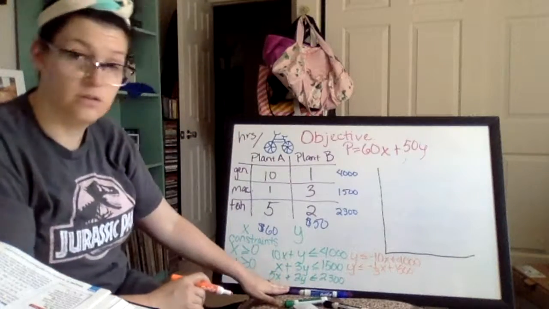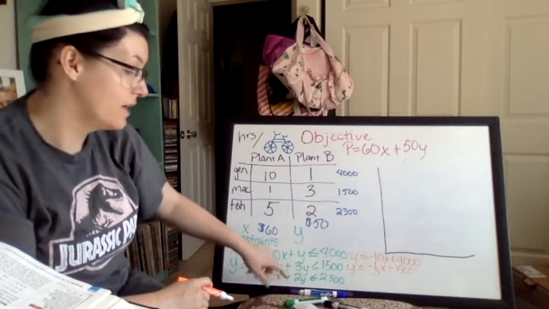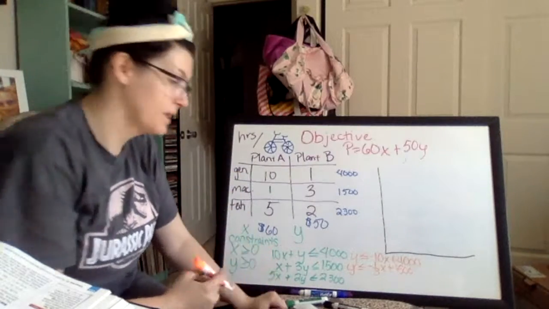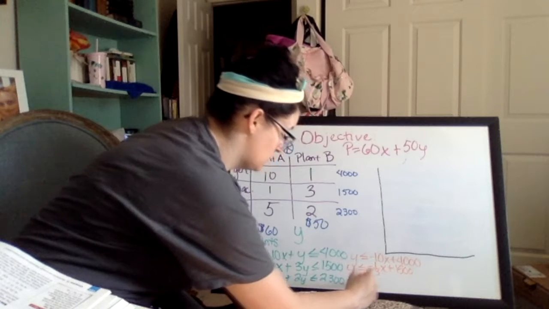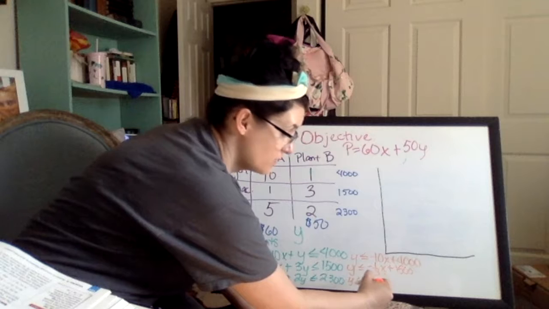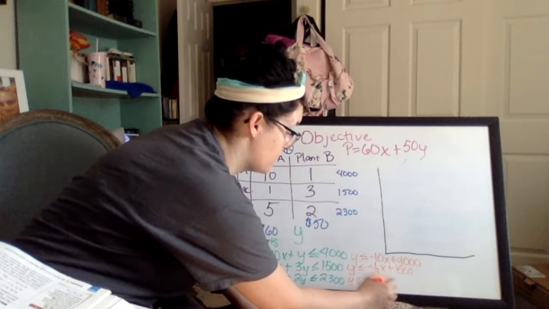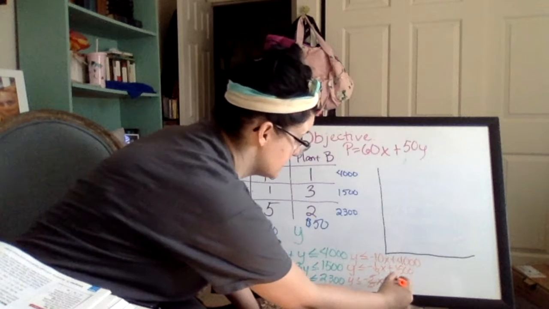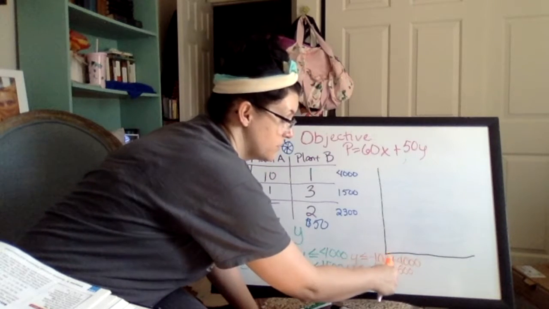And then here, I need to subtract my 5x to the other side, and then divide everything by 2, because it's 2y. So that's going to be y less than or equal to, it was negative because we subtracted it, and it was 5x, but we had to divide it by 2. So negative 5/2 x, and then plus, oops, I didn't divide 1,500 by 3.